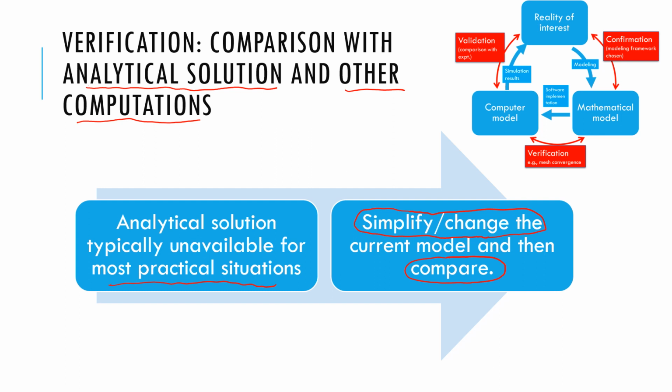But this comparison does not guarantee anything for the more complex situation being modeled. Also, with other computations, it is unlikely that someone has done the exact work before us. And if they have, then why are we doing it in the first place?